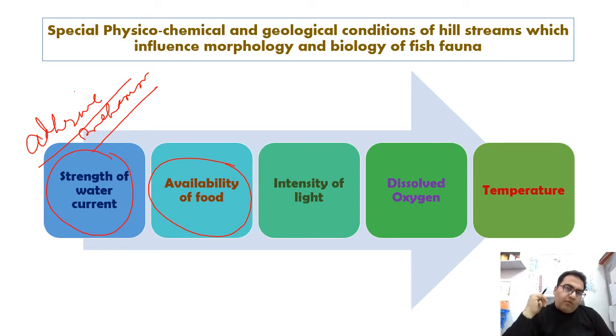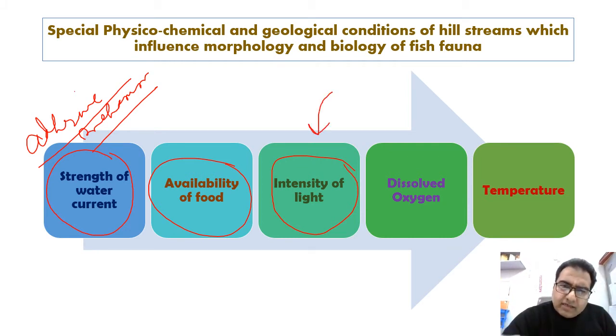The third important thing these fishes have to face is the intensity of the light. The water is crystal clear in the hill streams. You can experience it yourself: when you see the water of a hill stream, it is crystal clear and you can see the bottom of the stream.